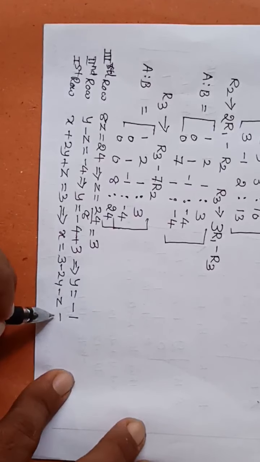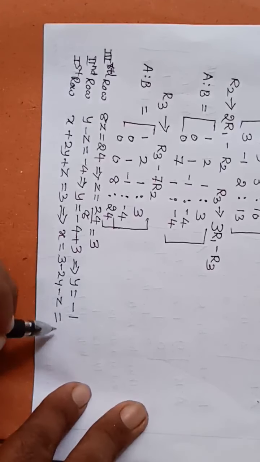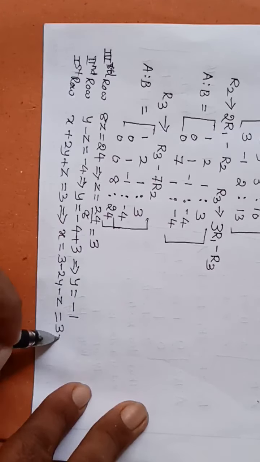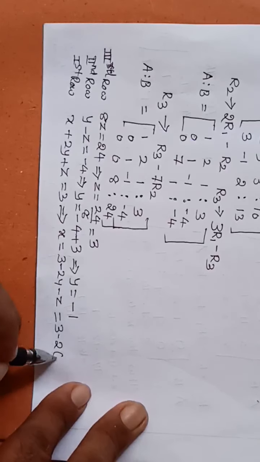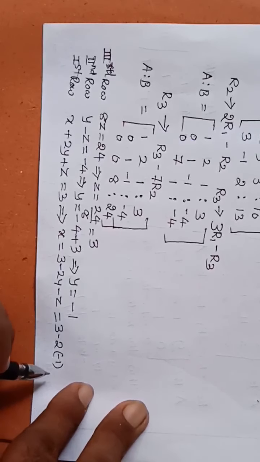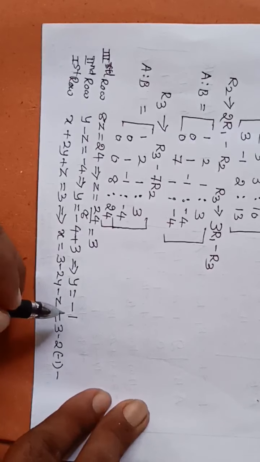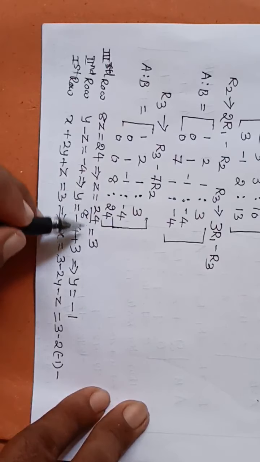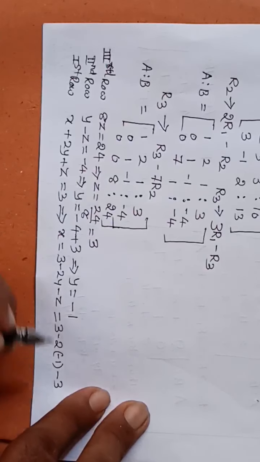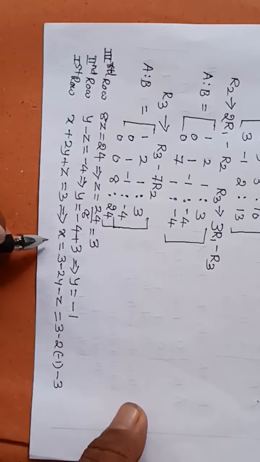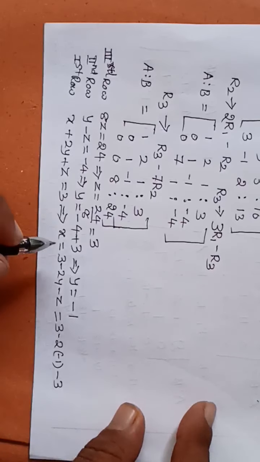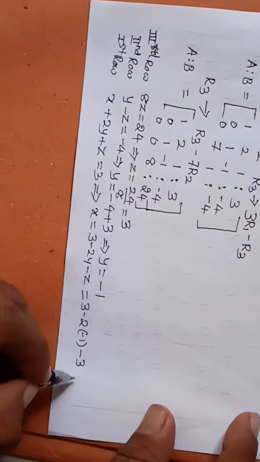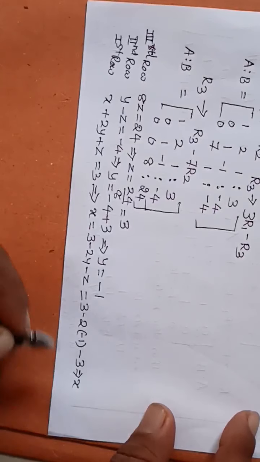That is 3 minus 2y, where y is minus 1, and minus z, where z is 3.